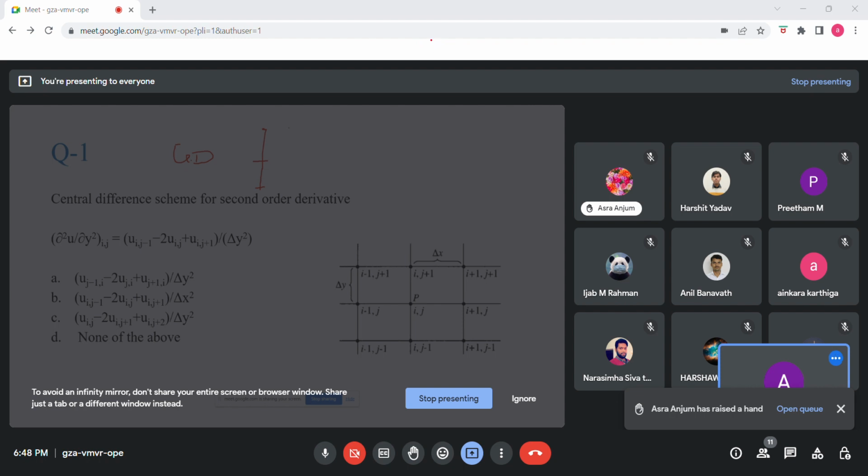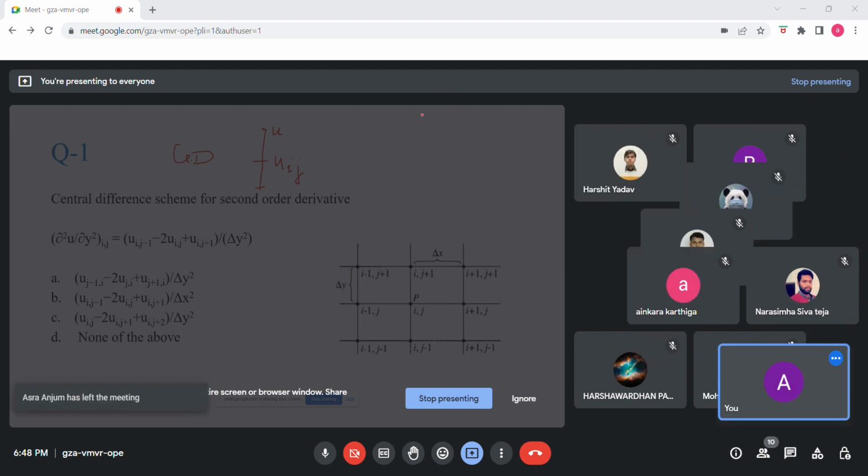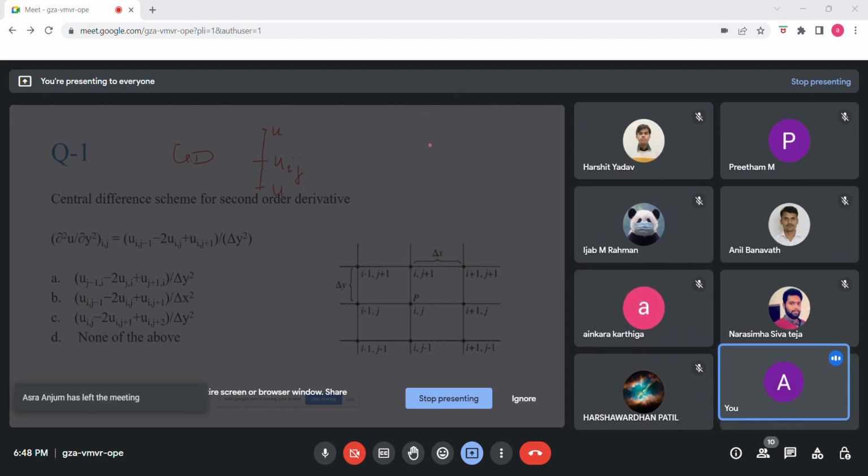So the i factor remains constant. We'll keep it as i comma j, and this will be then u i, j minus 1, i comma j plus 1.